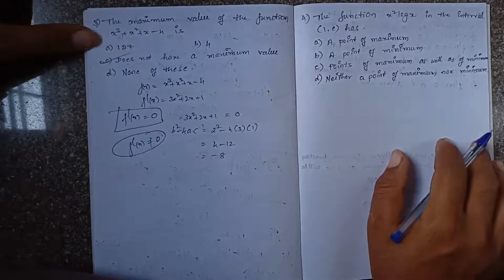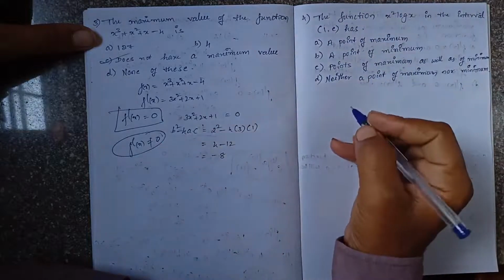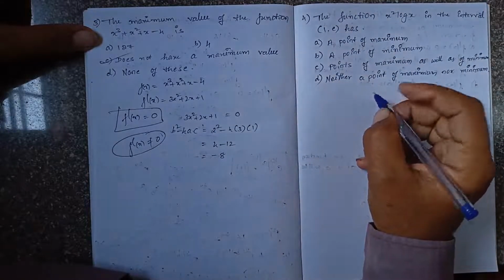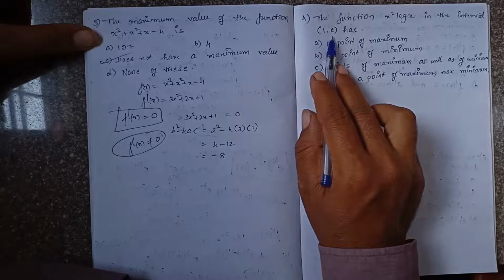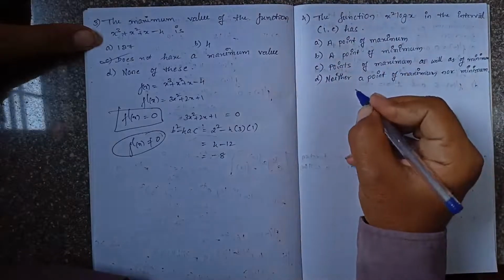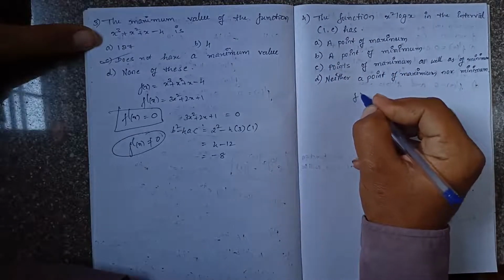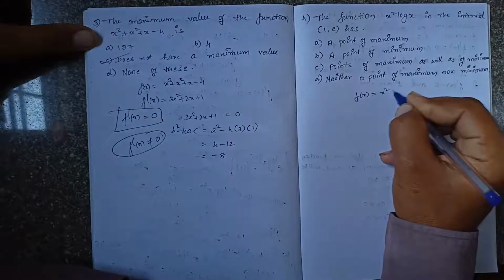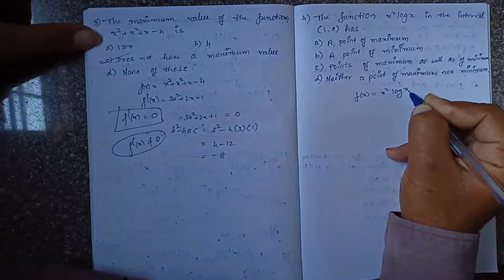Answering question number 4. The function x square into log x in the open interval 1 comma e is given. Okay, let me check. F of x is equal to x square into log x.